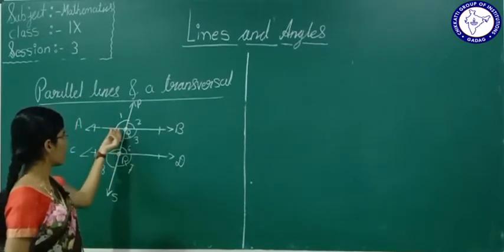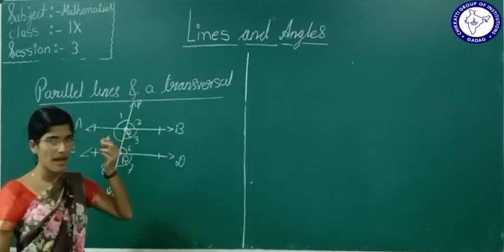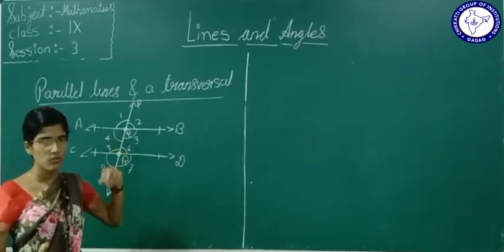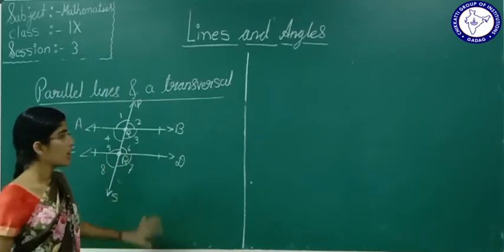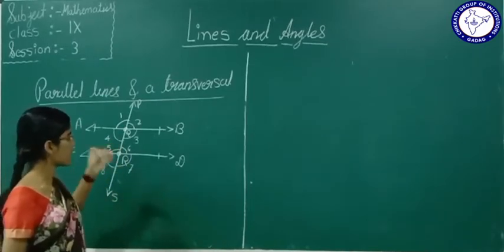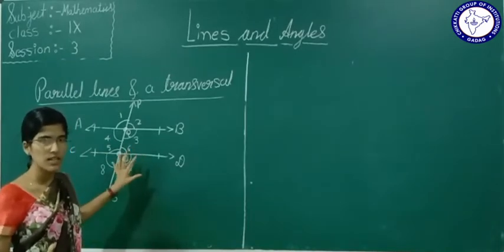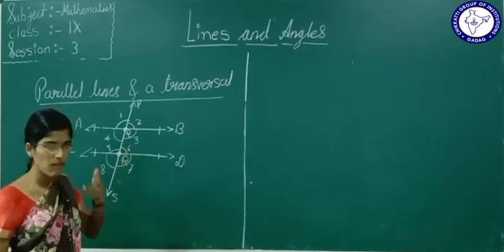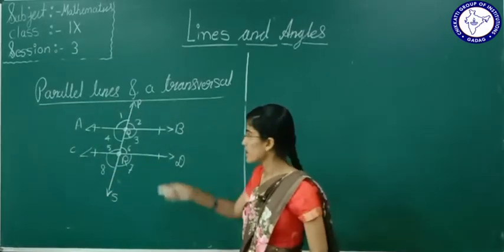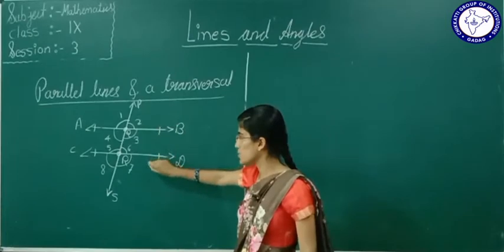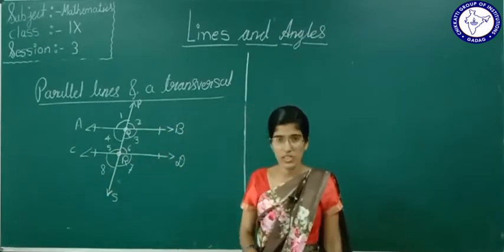Now you know the names of the angles which are going to form. We have specific names, which we have just learned. Now we will find out the relation between the angles in these pairs when line AB is parallel to line CD and PS is a transversal.